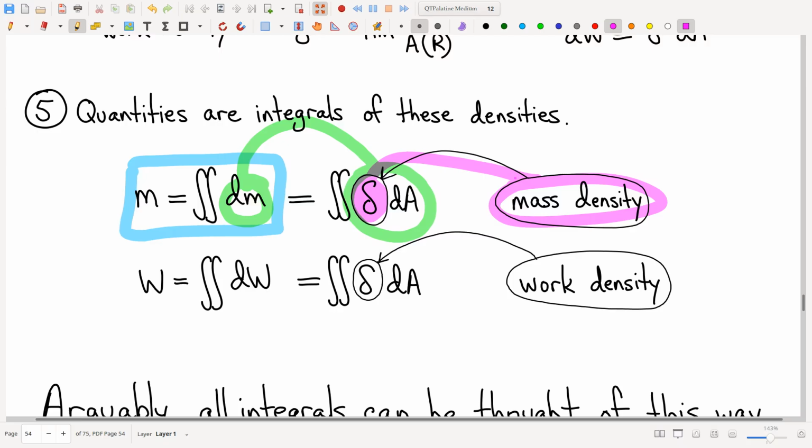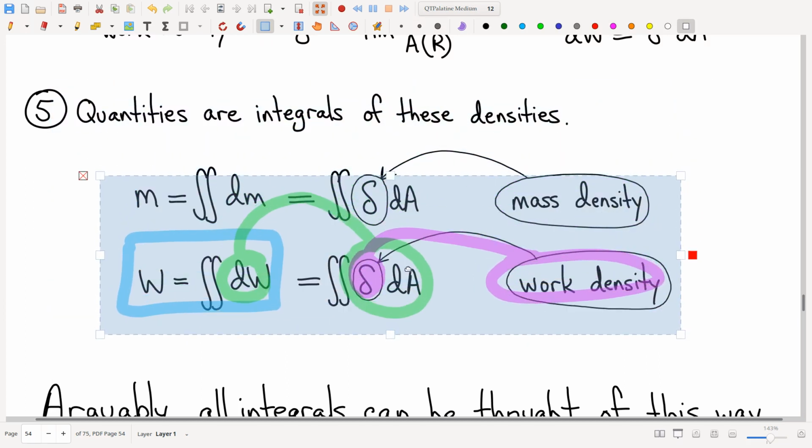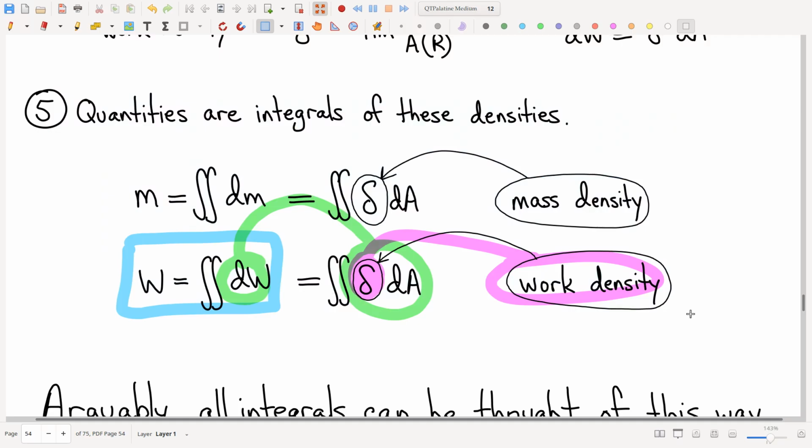And where it gets weird is when we think, okay, yeah, but I can take all of these ideas and I can do the same thing for work. This non-physical, non-concrete anyway stuff, the whole is the sum of the parts.